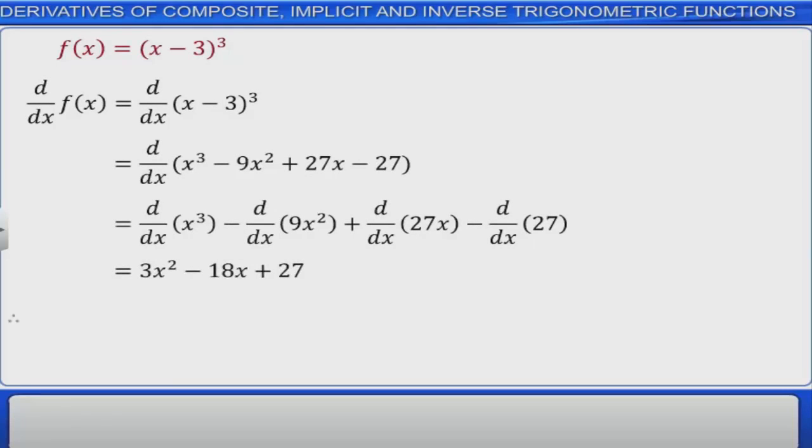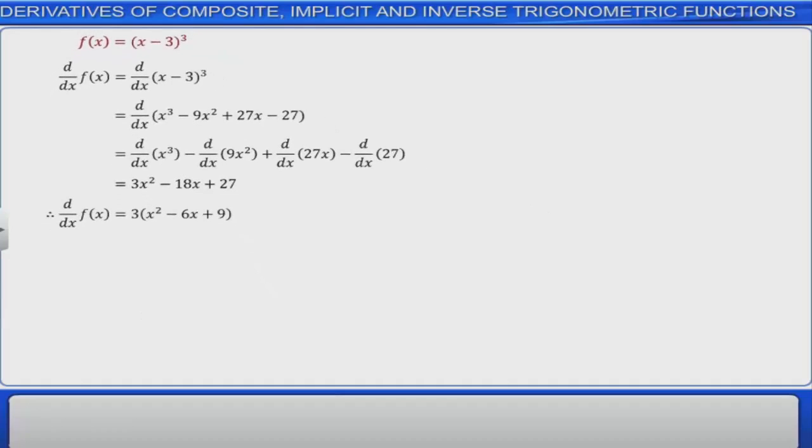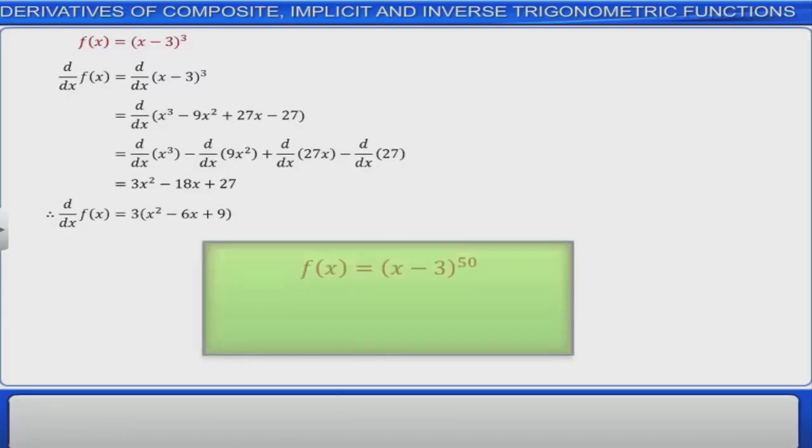Therefore, the derivative of f of x with respect to x is equal to 3 into x squared minus 6x plus 9. However, differentiating such functions with higher powers is quite tedious. For example, how will you find the derivative of x minus 3 whole raised to the power 50?